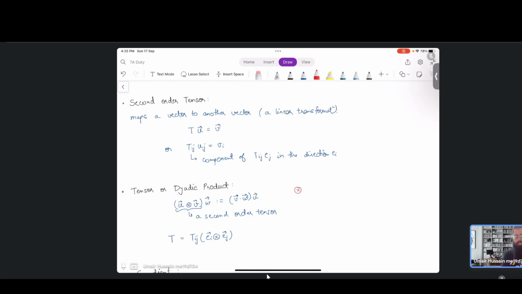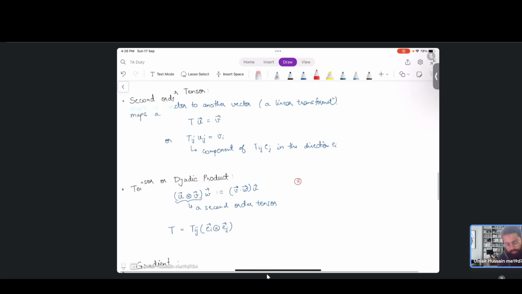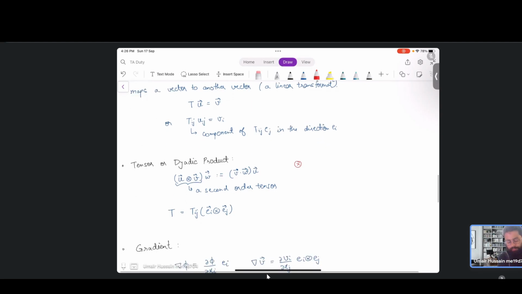So the order of the tensor: if we take the dyadic product of two vectors, we get a tensor. We can represent the components of a matrix in terms of their basis as a dyadic product.